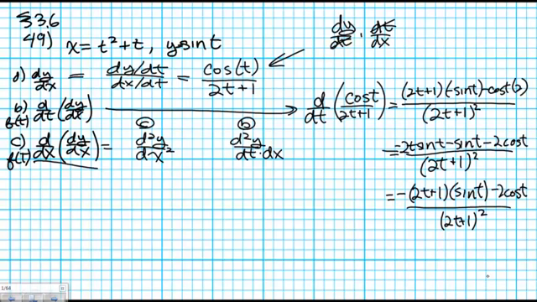How do we get rid of this dt and get one more dx? How about we multiply it by dt/dx?